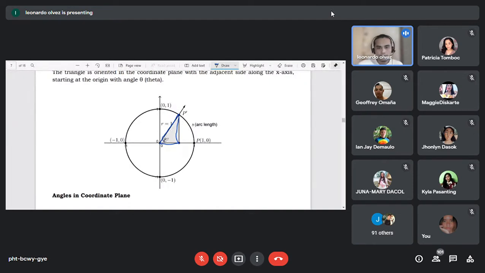So this is the angle theta, which is commonly used to denote angles. And this one here is the arc length of these two. Because if we have two rays, this angle results in an arc length. So that is the arc length.